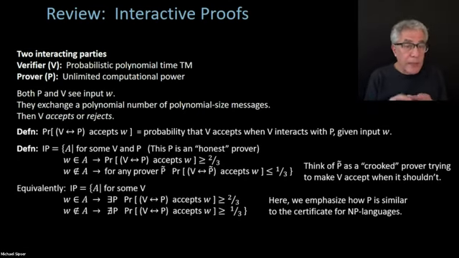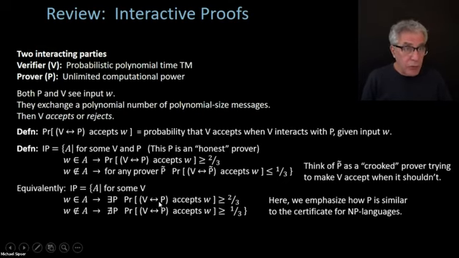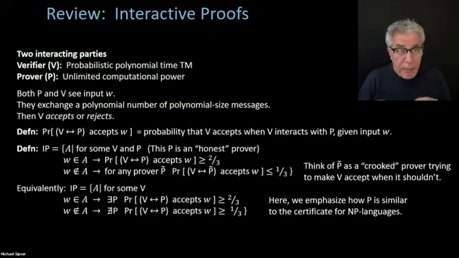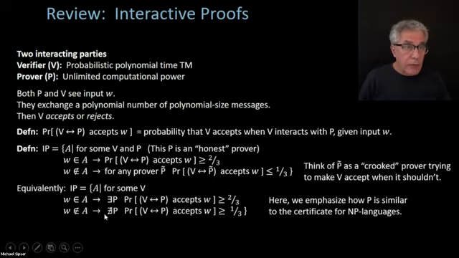Here, the prover is going to be like the certificate, so that for strings in the language, there's a prover which can interact with the verifier and make it accept with high probability. If you're not in the language, there is no prover which can make the verifier accept with even more than low probability.